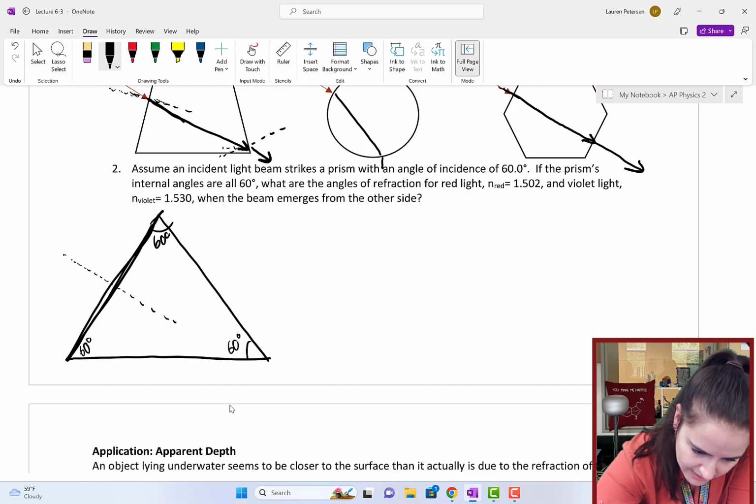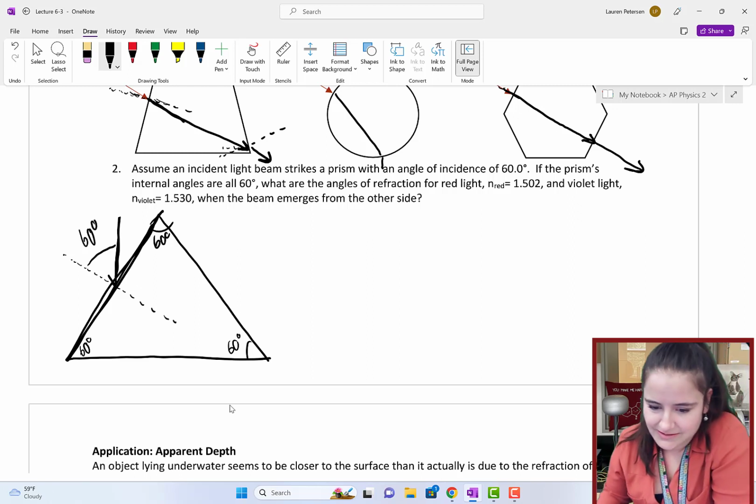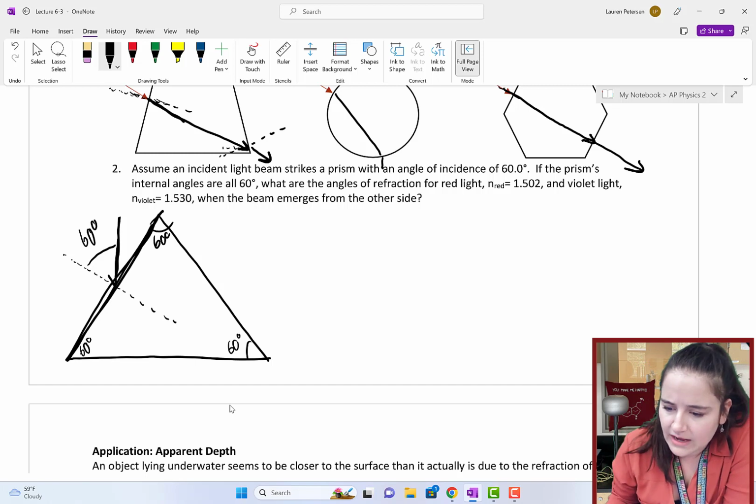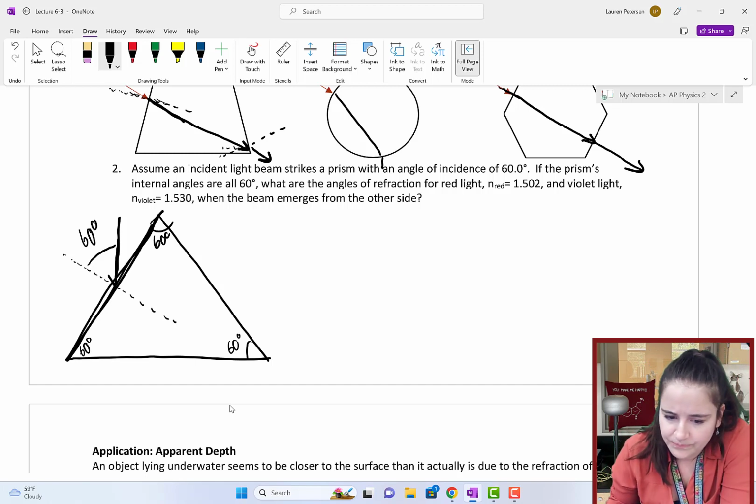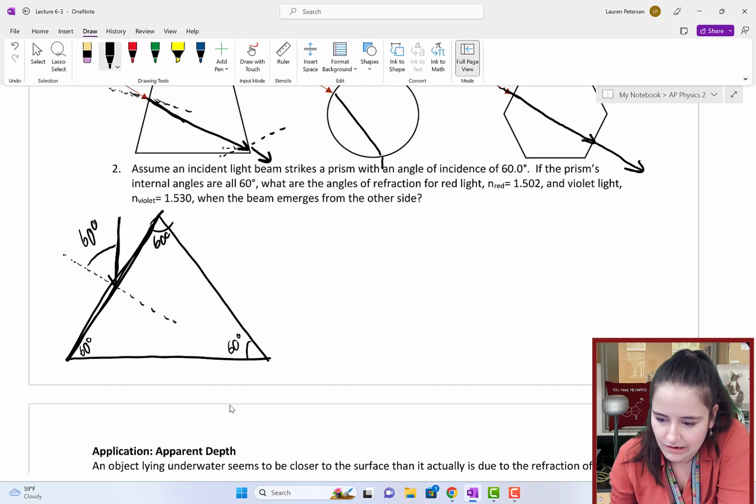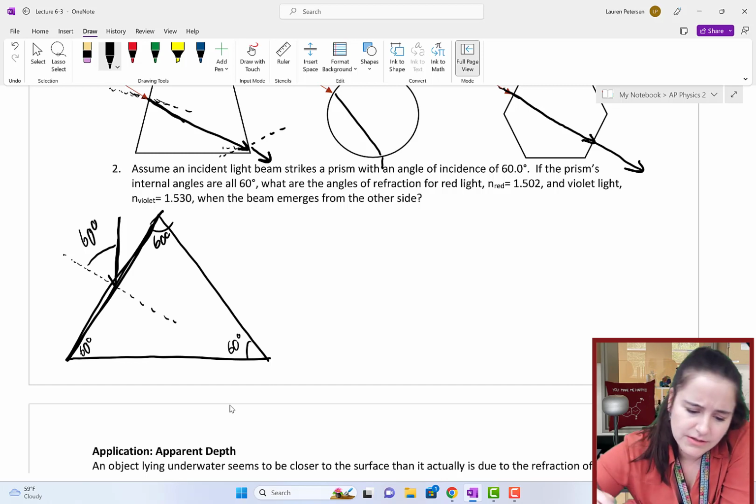And then it's hitting at an angle of 60 degrees. So this angle is 60 degrees. Then it wants to know the angle when the beam emerges from the other side. So this is going to be a big problem.